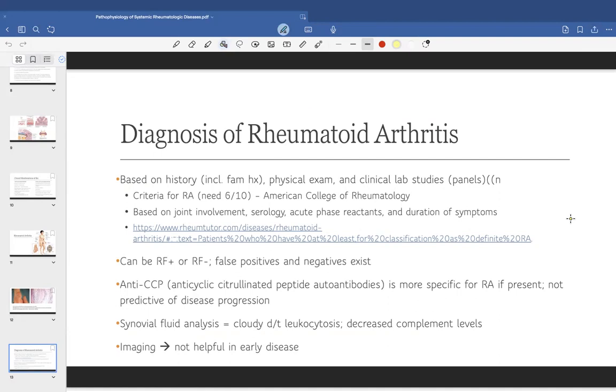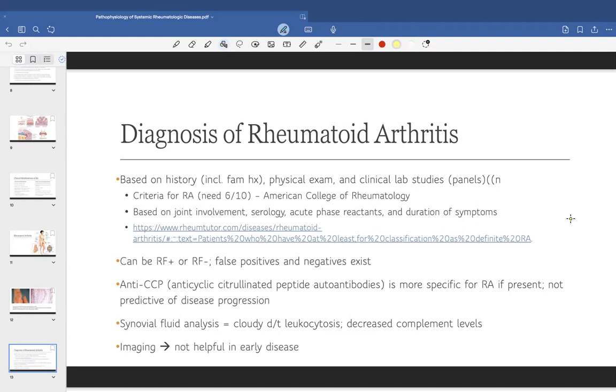A lot of times, depending on how your patient presents, you've got to tap that knee and rule out a septic joint. And that joint fluid should be able to point you in one direction or the other. Okay, and so it does tend to be cloudy. There are leukocytes present, but it's not going to be to the same degree as a hot infected knee with Staph aureus.